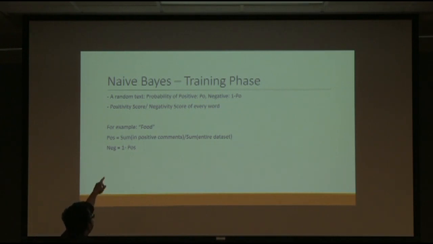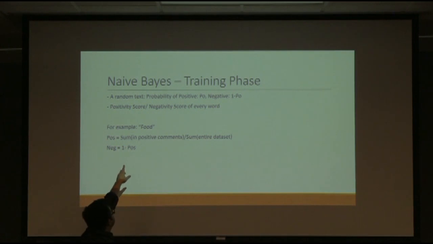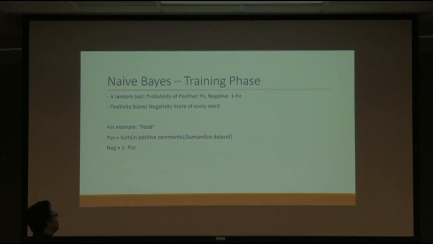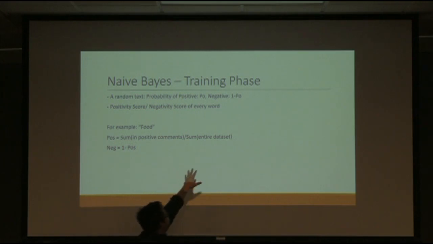So let's say I say the food. The POS here will be the possibility of the positive. It will be the sum of the positive divided by the sum of all of the comments, right? Make sense? If I ask all of the people in the room, are you sleepy? I can count, right? We have 35 people here, so the total will be 35.